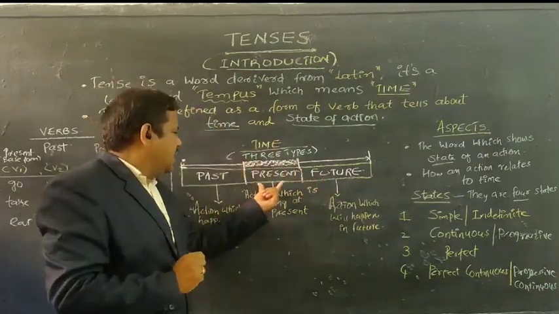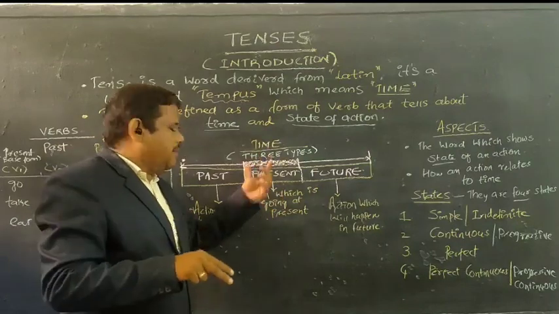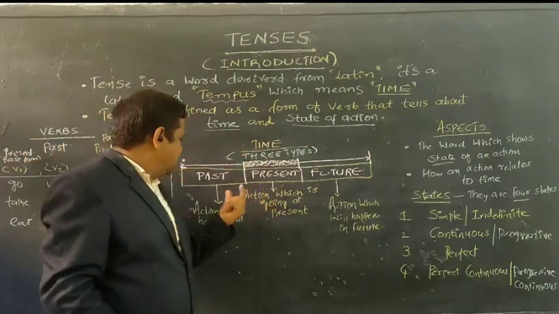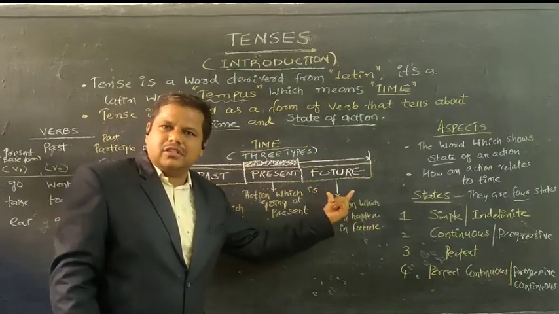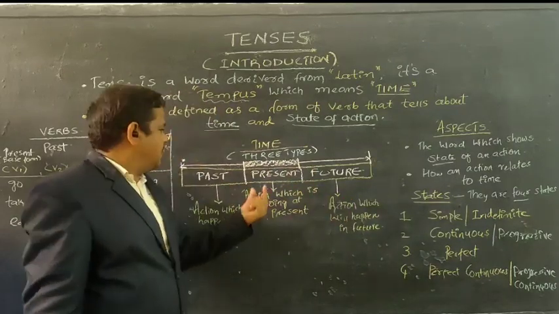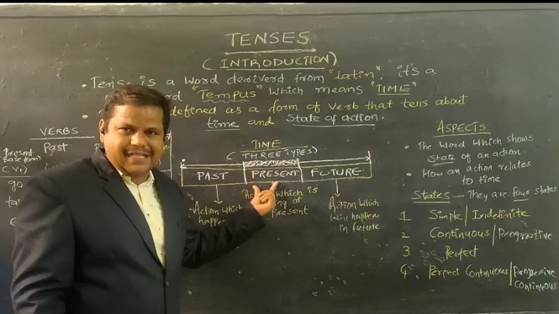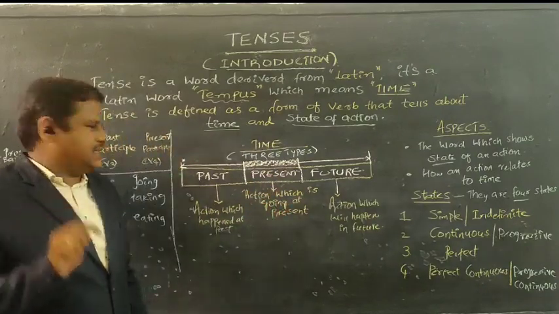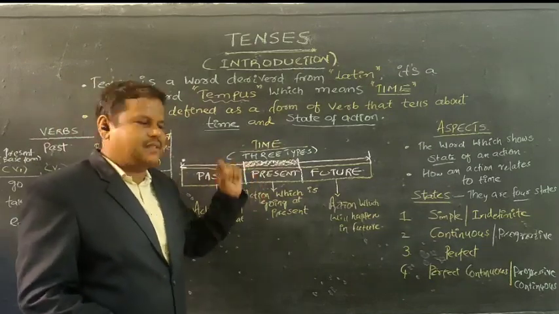Once again, let me repeat. Time can be divided into three types. One is called present tense. Next, past tense. The third one is called future tense. Present tense indicates the actions which are going on at present. Those sentences come under present tense.